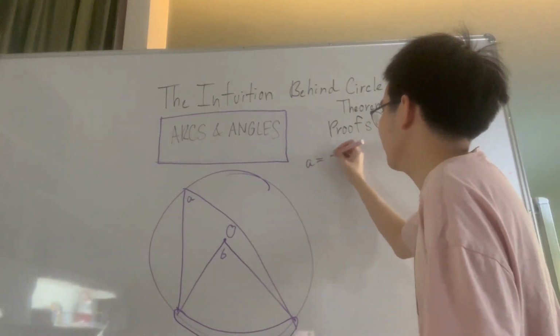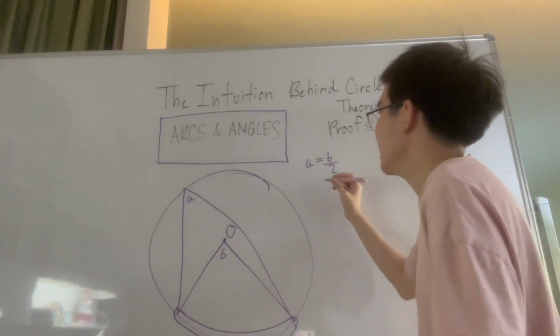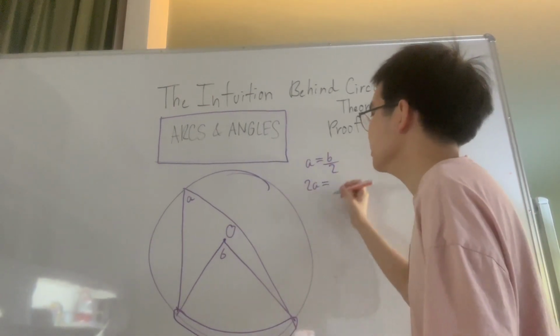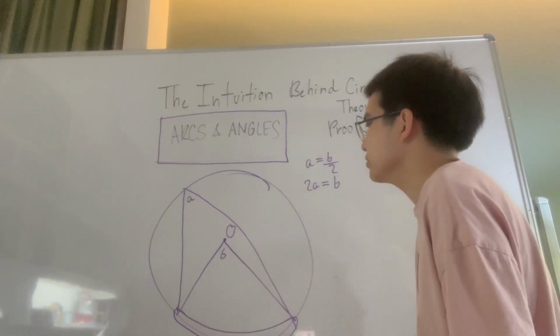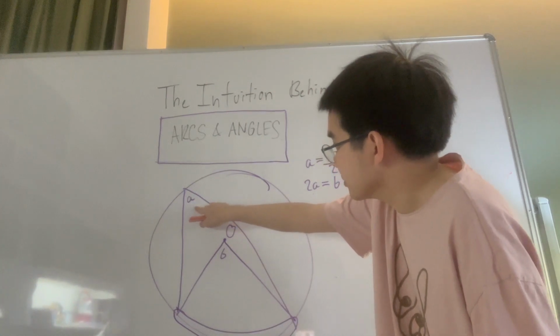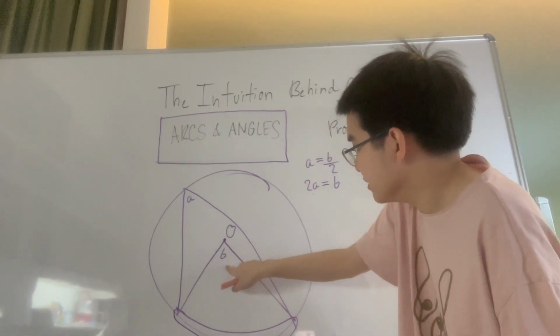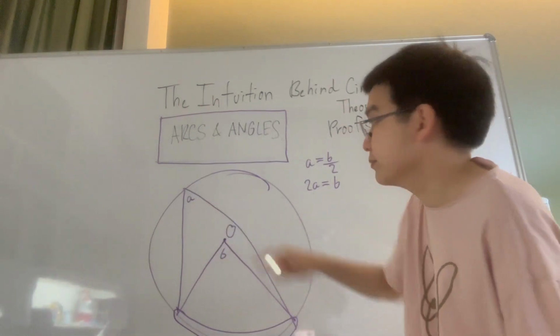A is essentially half of B, and by using algebra, we can multiply 2 on both sides, so we get that double of angle A is essentially B.